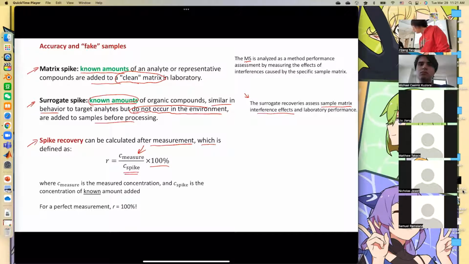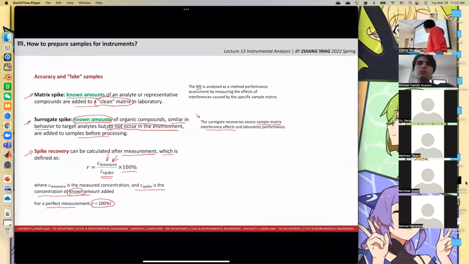Because we prepare the spike, the spike concentration is a known amount, and the measurement concentration can be obtained. So we can calculate this value. For a perfect measurement, the measured concentration equals the spike concentration, so the recovery rate should be 100%. Again, this is a little bit abstract, and I will show an example later.